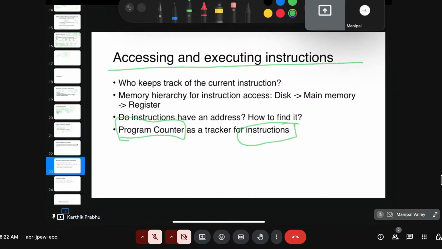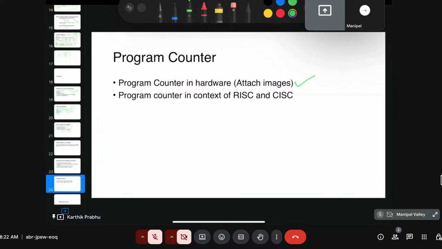So in this type of instruction set, which is called a reduced instruction set, the program counter always stores the address of the next instruction. It gives the address of the current instruction to the instruction register, and stores the address of the next instruction. We'll see in the unified pipeline how it works in hardware.